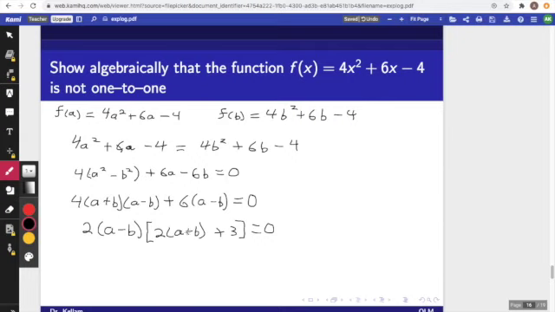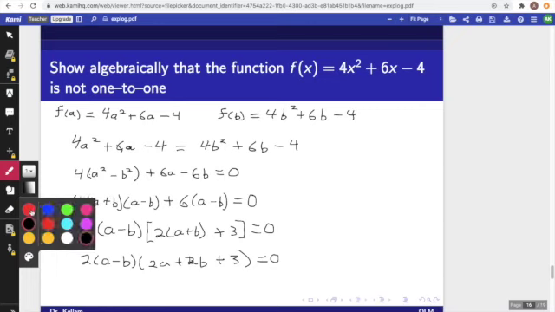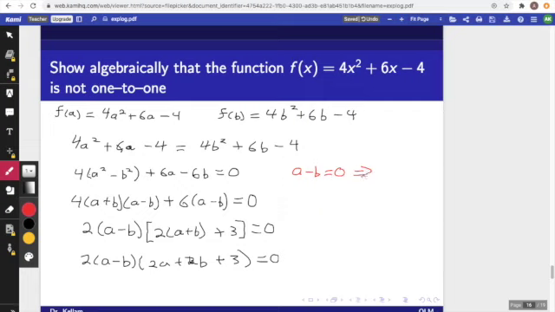This we can simplify down a little bit. We would then have 2(a minus b)(2a plus 2b plus 3). And once we're at this point, this means that a minus b equals 0, and if that is the case, that would imply that a equals b.